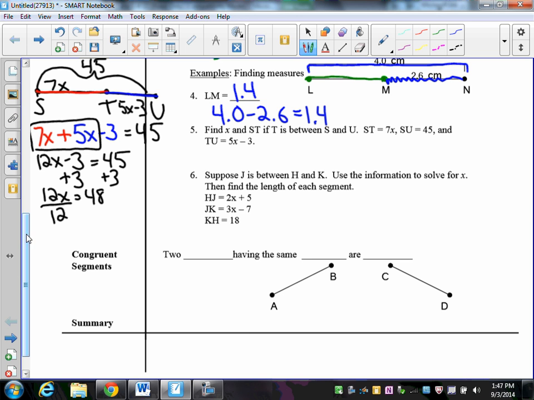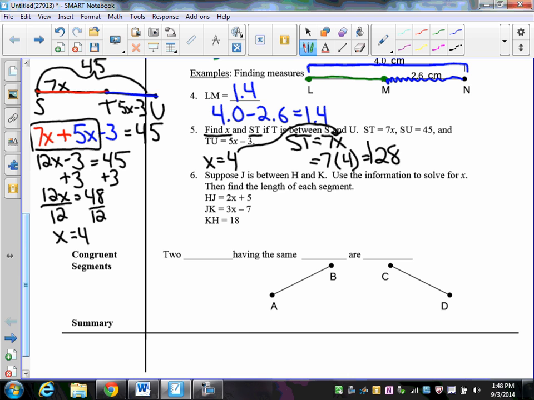And lastly, I would divide by 12. So I have X is equal to 4. So I found X. I also need to find ST. ST is easy. It's 7X. So I take this 4 and I plug it in for X. 7 times 4 is 28.